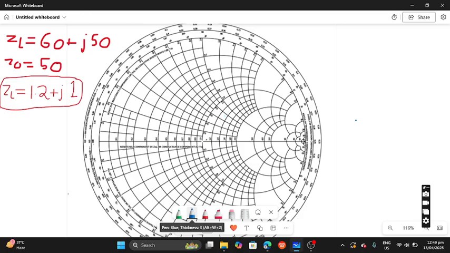So now we will locate that point 1.2. It starts from here and it goes till here. So this is your 1.2 on real axis, and on that point it is your 1.2 and 1. You have now first located this point.